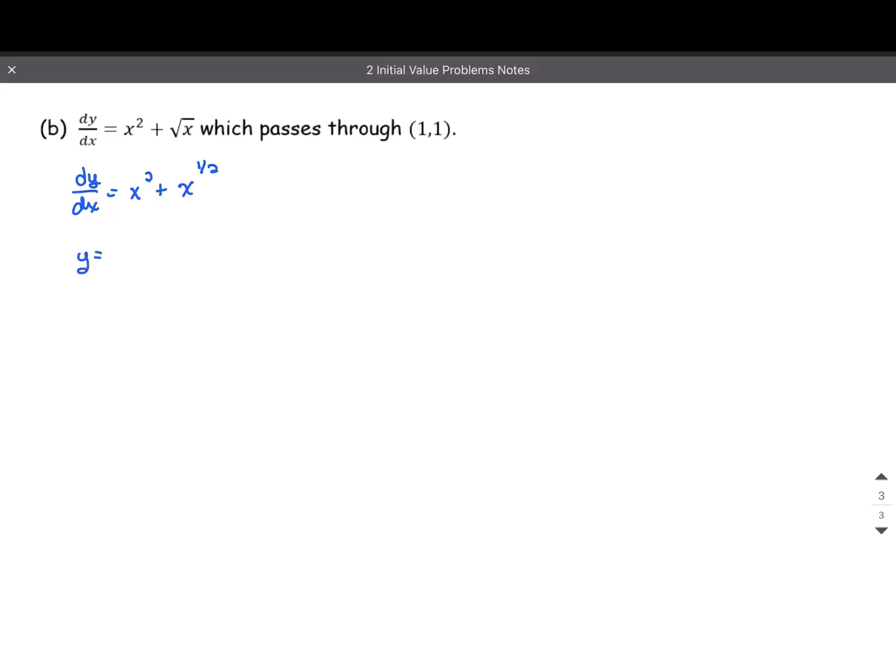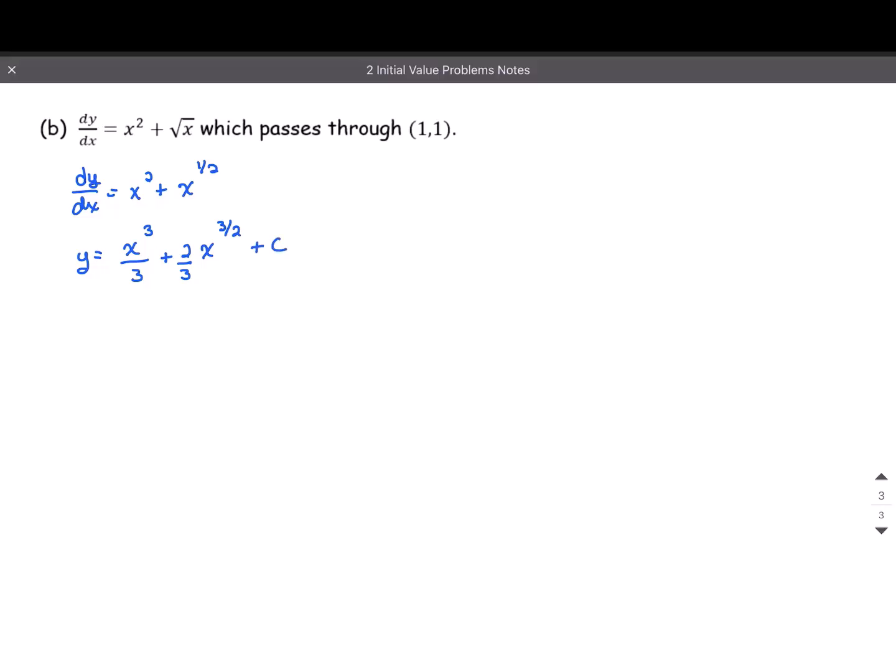That's y. What has a derivative of x squared? We add 1 to the exponent, divide by the new exponent, plus c. Now this 1/2, we have to add 1, so 1 plus 2 is 3 over the denominator 2. We need to divide by that exponent 3/2, but that's the same as multiplying by the reciprocal 2/3. Don't forget the plus c at the end.